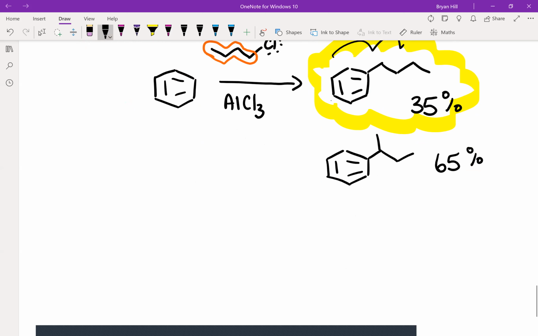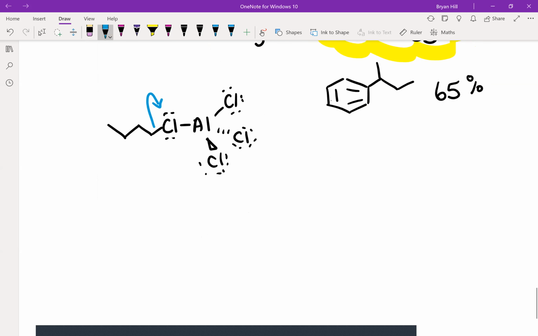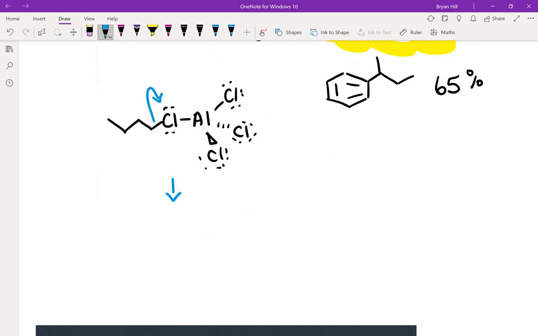If we were doing our mechanism, you would form your complex. And then let's make our carbocation. Positive.